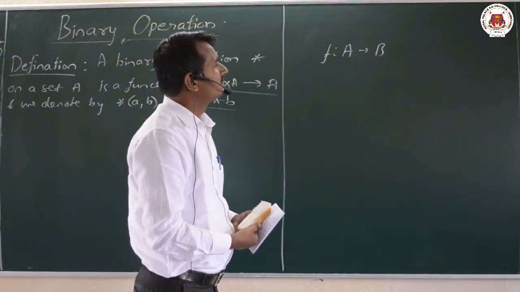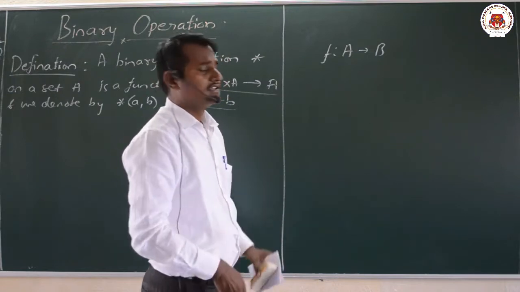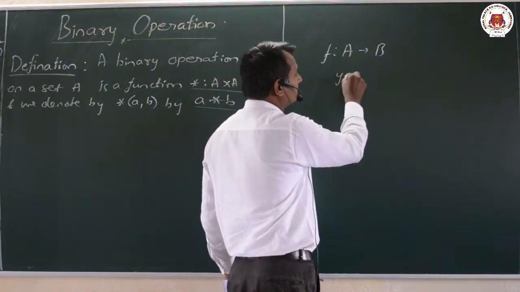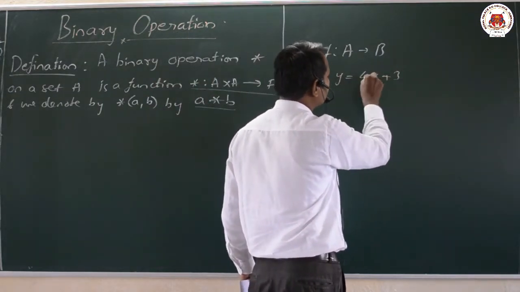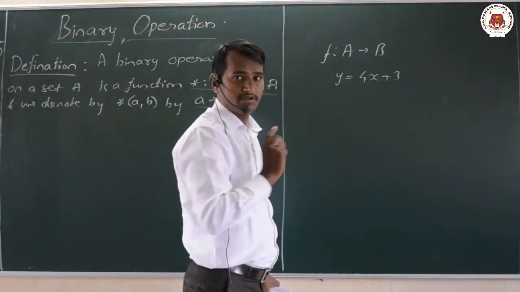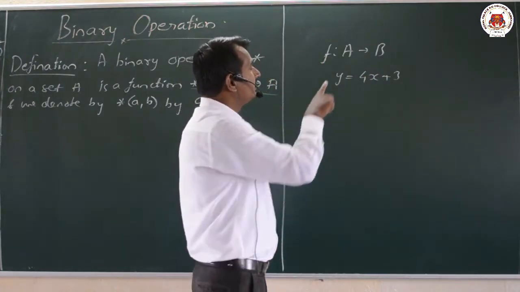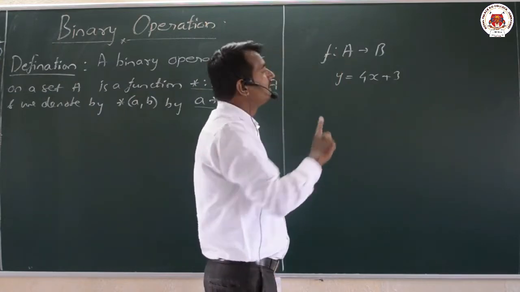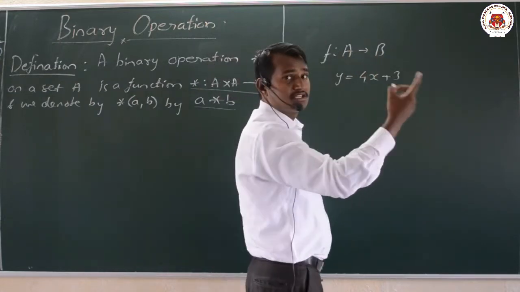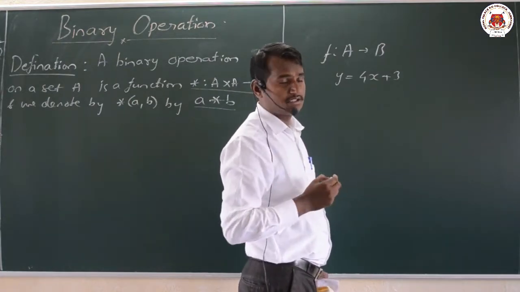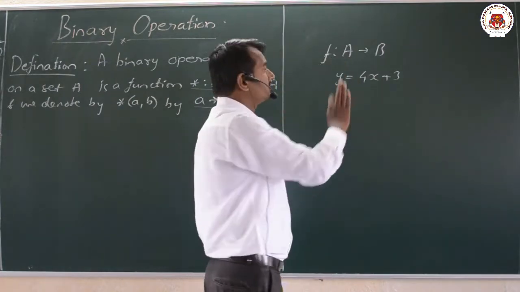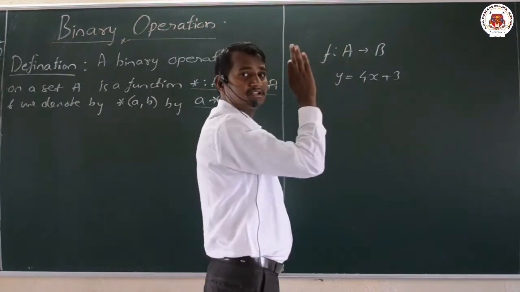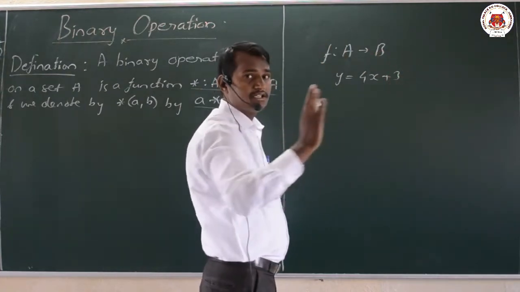Let us define a function y equal to 4x plus 3. Here all the elements of A are known as the domain, and all the elements of B are said to be the codomain or the range of this function.